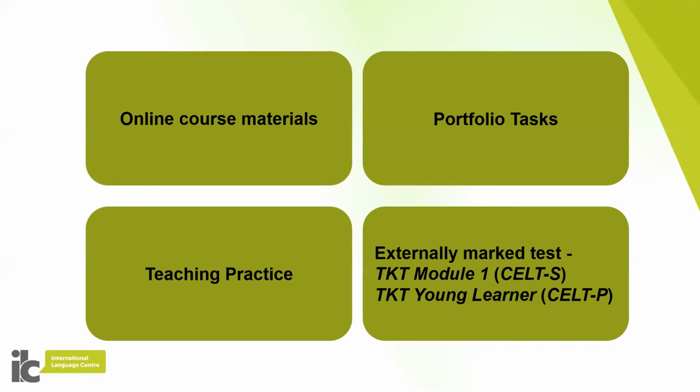To sum up about the course, what we have in it: we have online course materials, which you study yourself. We have portfolio tasks after each module. We have teaching practice 3, and we have externally marked tests, either TKT Module 1 or TKT Young Learner.